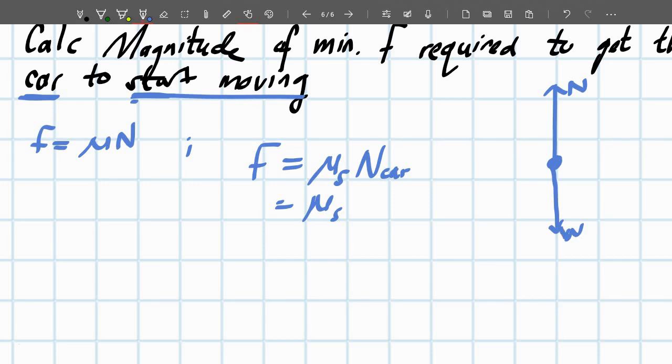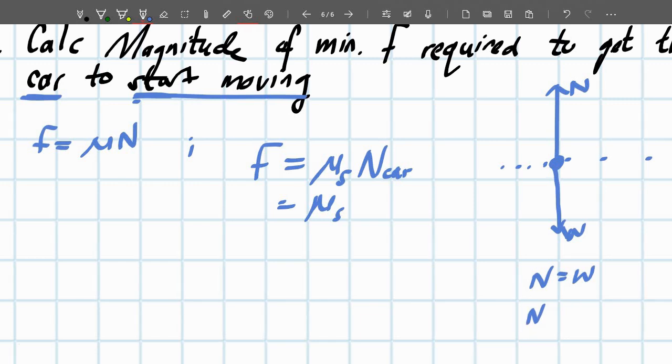But here it's a car on a flat road, so the normal is equal to the weight of the car. The normal is equal to the weight in the opposite direction, so there are only magnitudes here, which can also be written as the mass times g.